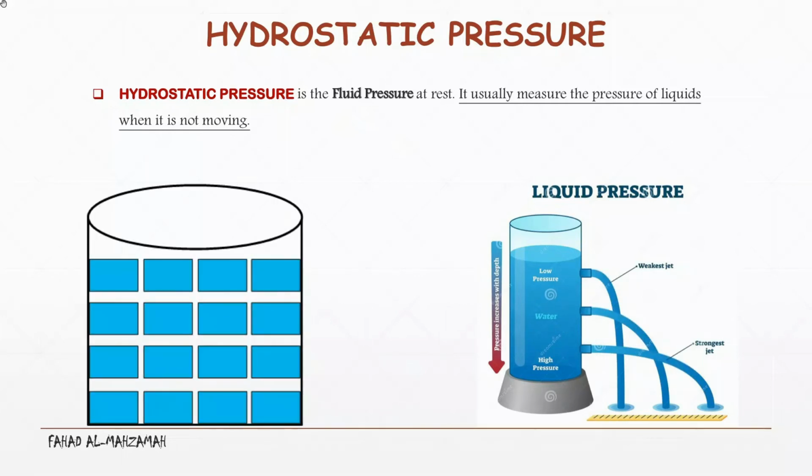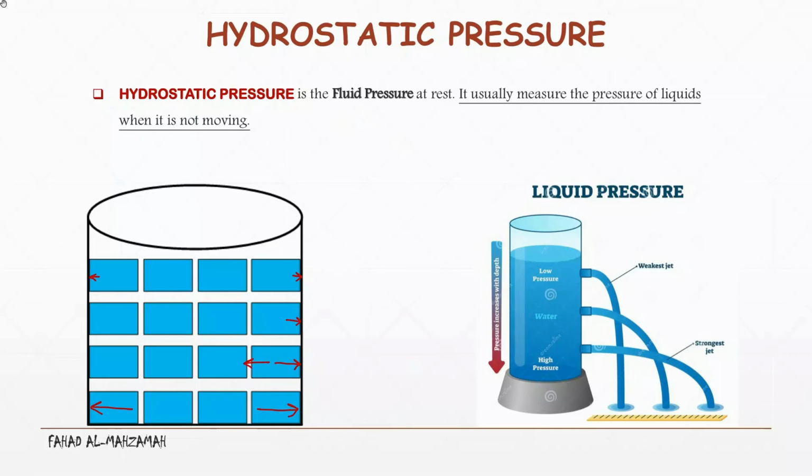At this point there is a very high pressure on the wall of the container. However, at this point there is a low pressure on the wall, and as we go down, the pressure increases on the wall of the container and on each neighbor molecule.